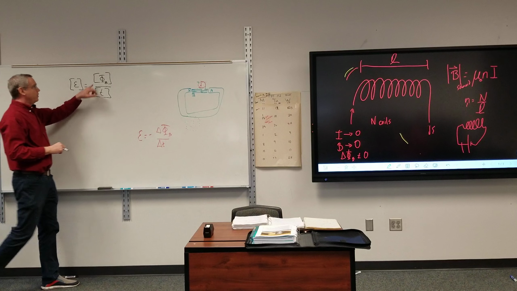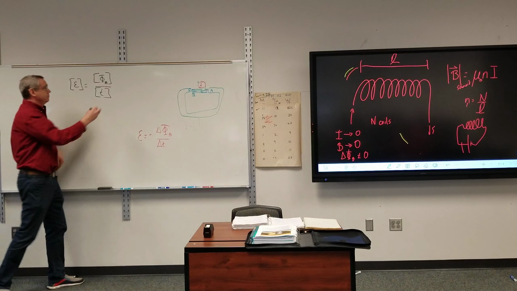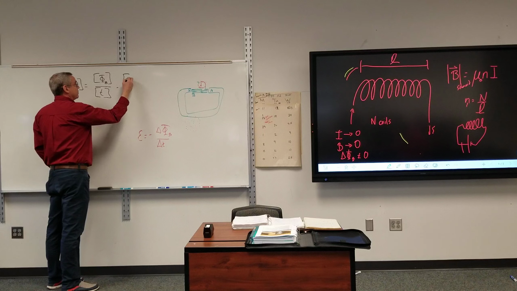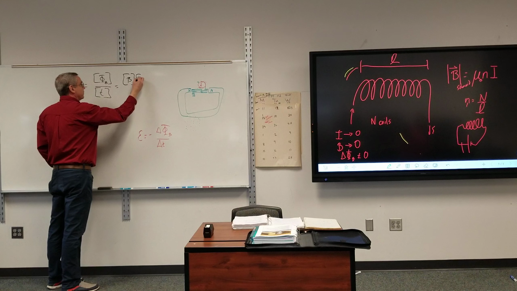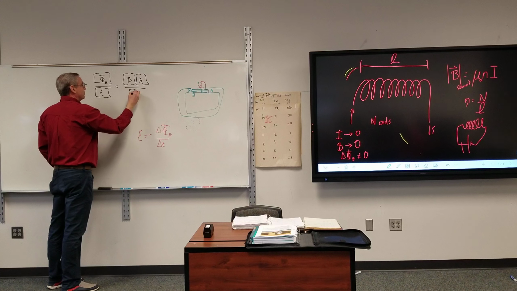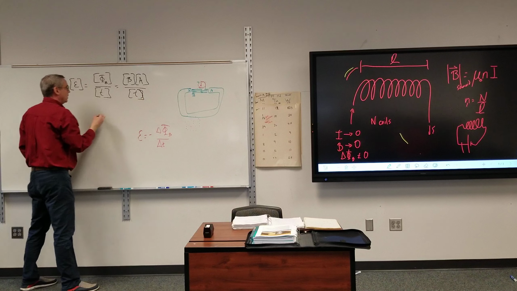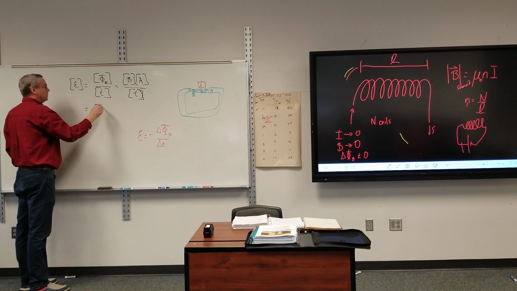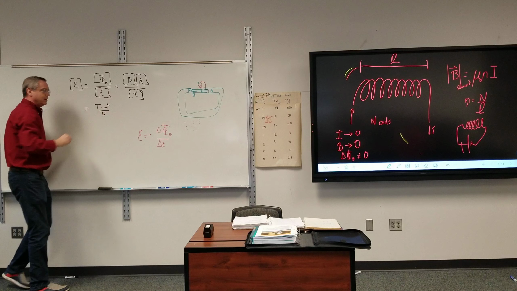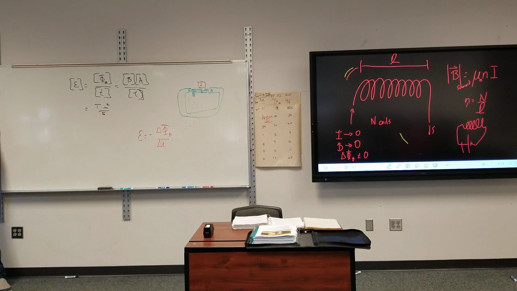This is the units of the magnetic field times the units of area over the units of time, which would be a Tesla meter squared per second. Now it's completely obvious, what is EMF? The velocity of magnetic fields.